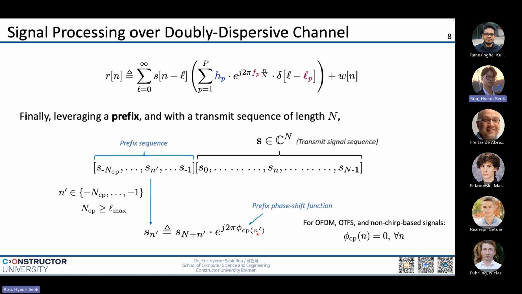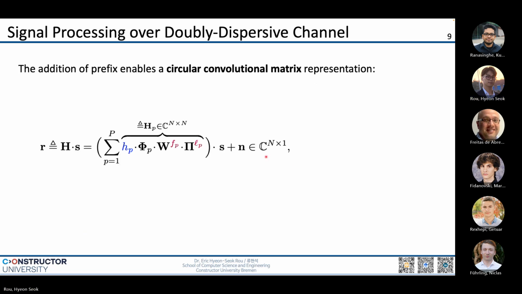For classical waveforms that are non-chirp based, so OFDM and OTFS, this function is equal to 0, such that this exponential is simply 1, and these prefixes do not have a phase shift and are equivalent to the exact elements in the last parts of the sequence.